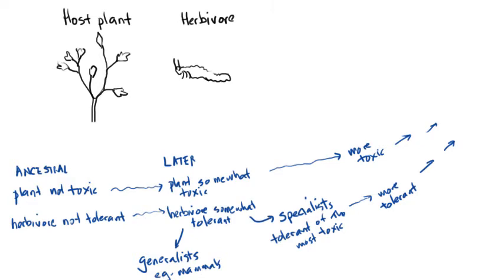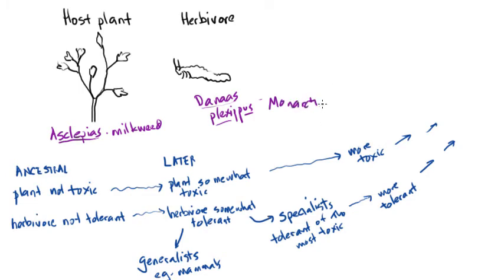A classic example of this is with the genus of host plant Asclepias, a milkweed, and the specialist herbivore Danaus plexippus, the monarch butterfly. Asclepias milkweeds can be horrifically toxic. They have alkaloids and cardiac glycosides that would kill a cow that happened to munch a plant down.